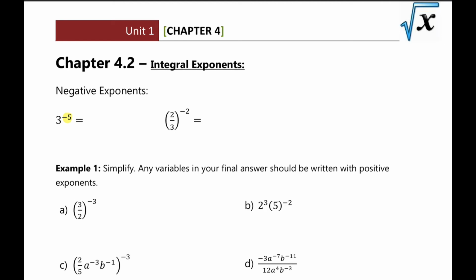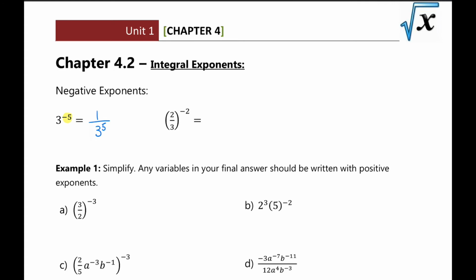So what's so special about this one? The negative in the exponent actually flips the power. It reciprocates the power. Okay, so that just means you flip it over. Numerator becomes denominator and denominator becomes numerator.